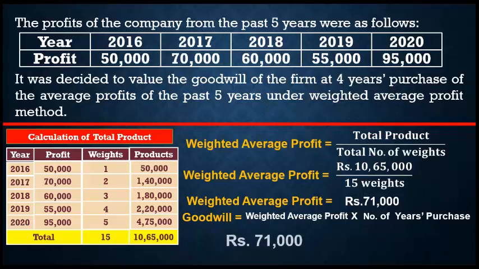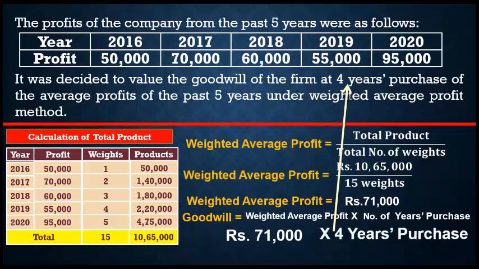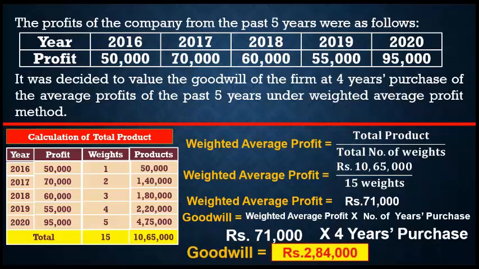Okay. Goodwill is equal to weighted average profit, rupees 71,000, into number of years purchase, into 4 years. What is the answer?